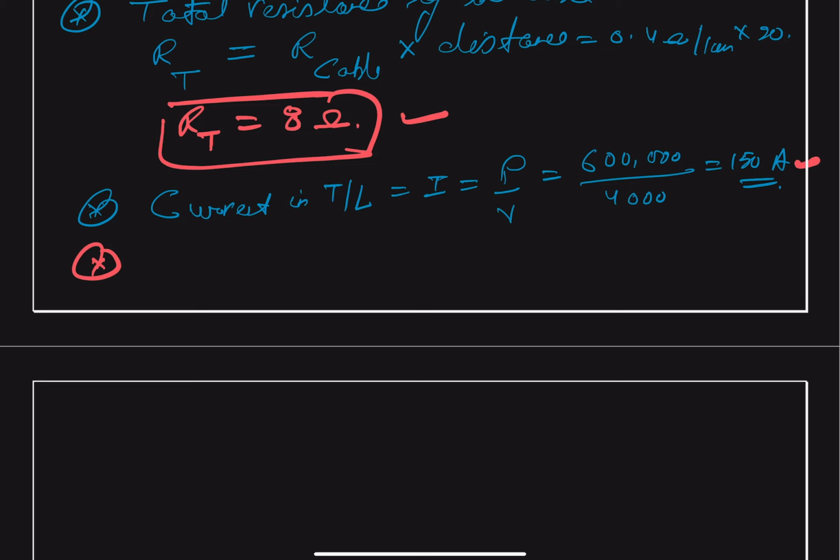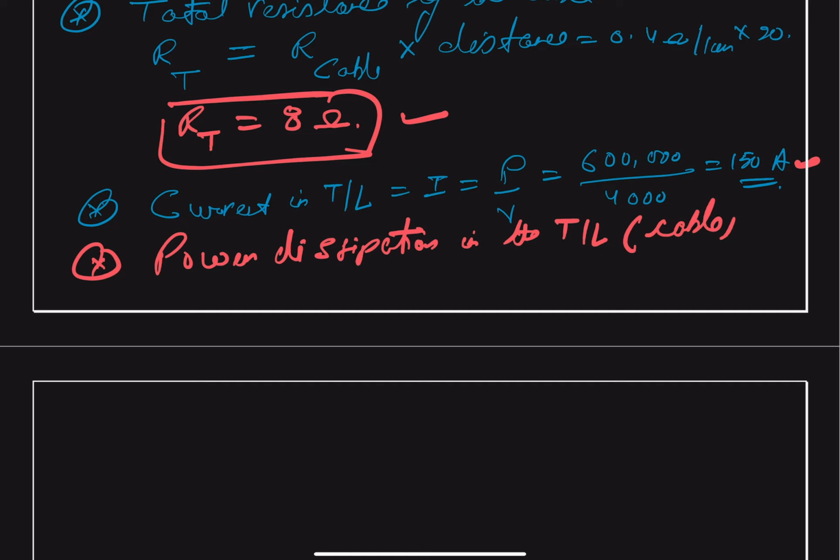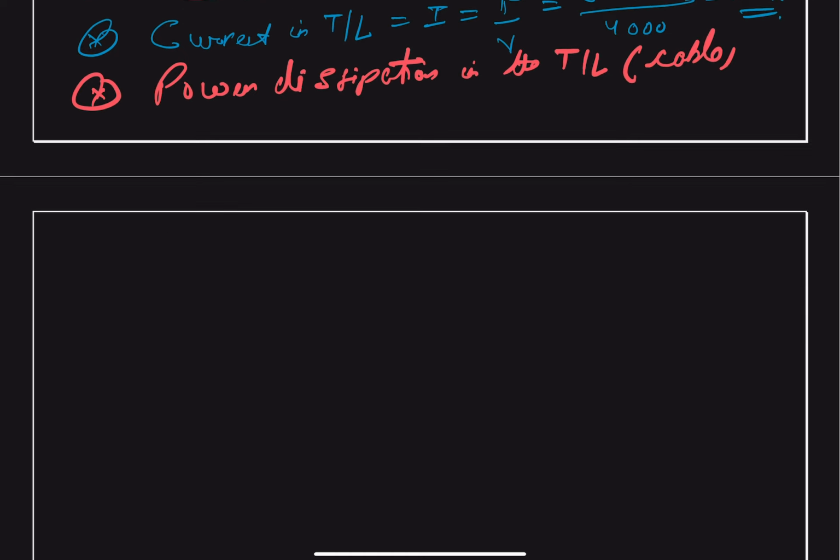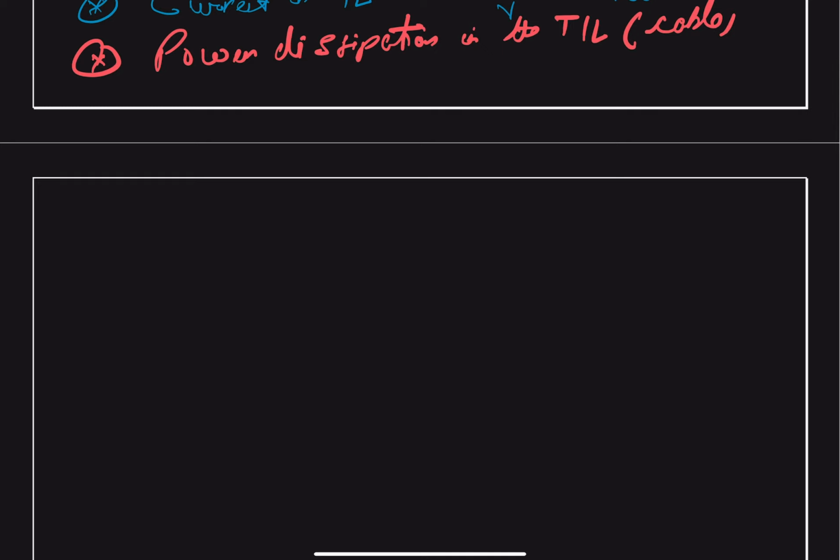So power dissipation in the transmission line, or we can also call it the cable, let us write it as PD, power dissipated, is equal to I square multiplied by the total resistance.